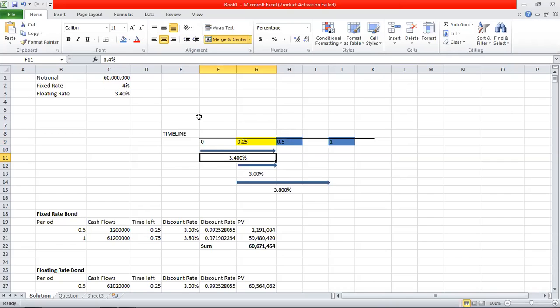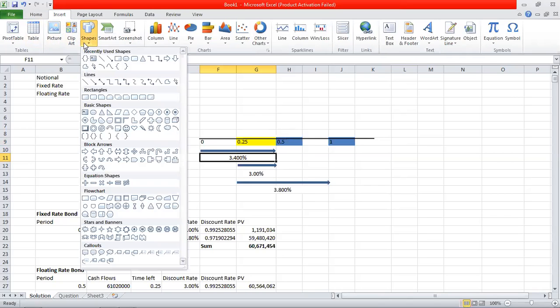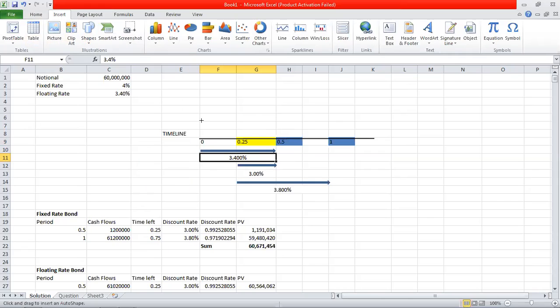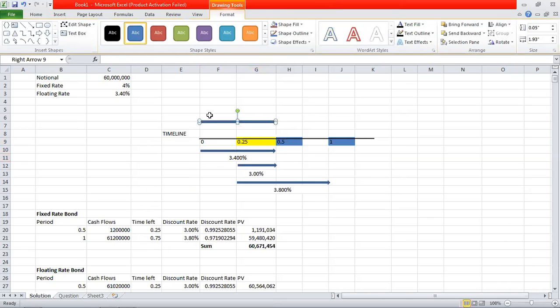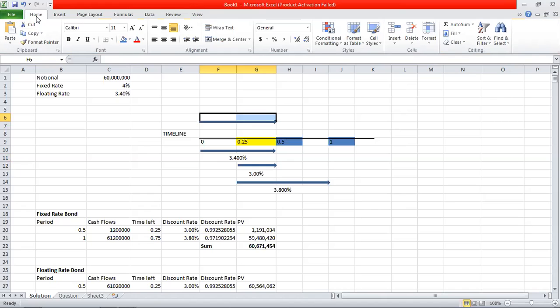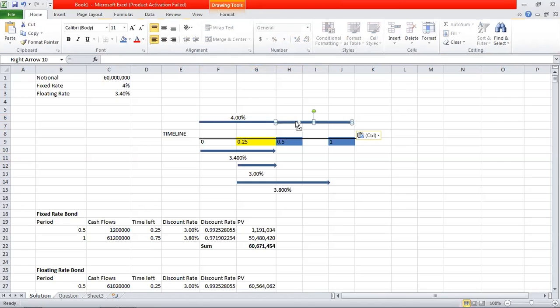So for the fixed rate, if I had to show you in terms of an arrow, let me put down an arrow. The fixed rate bond would be paying me 4% for this period, and it would also be paying me 4% for the next period, and then another 4% between period 0.5 and period 1.